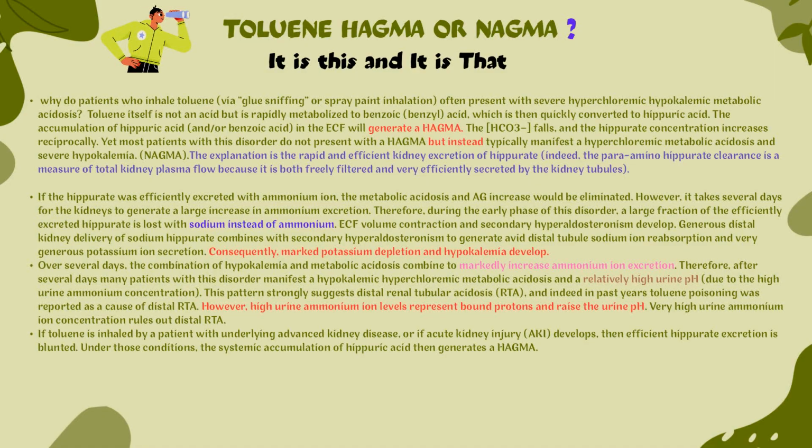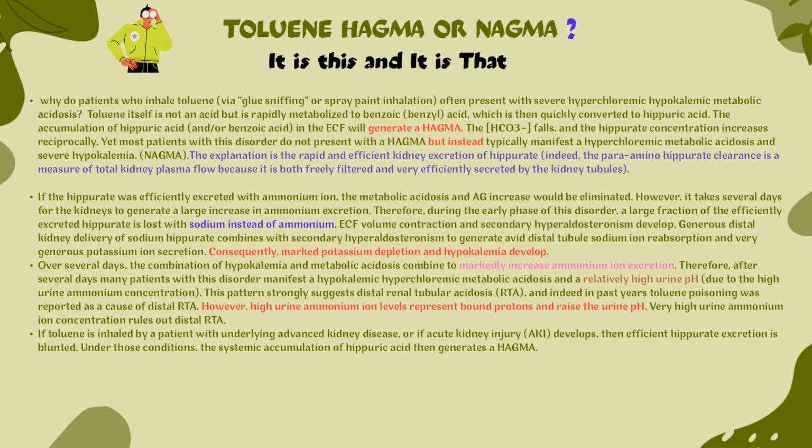Thereby you have secondary hyperaldosteronism, where sodium gets reabsorbed in the tubule, and you have potassium and hydrogen ions being lost. This is the mechanism of hypokalemia in toluene toxicity.